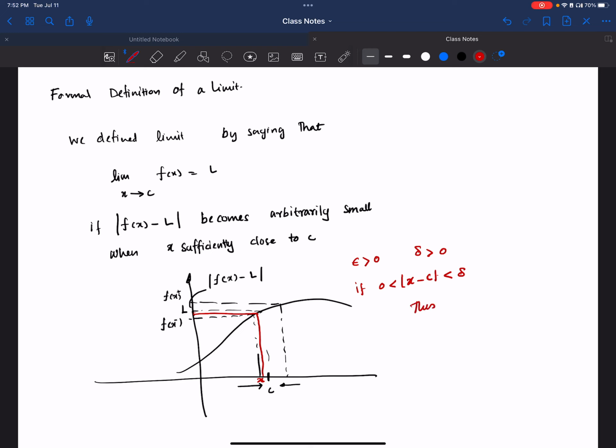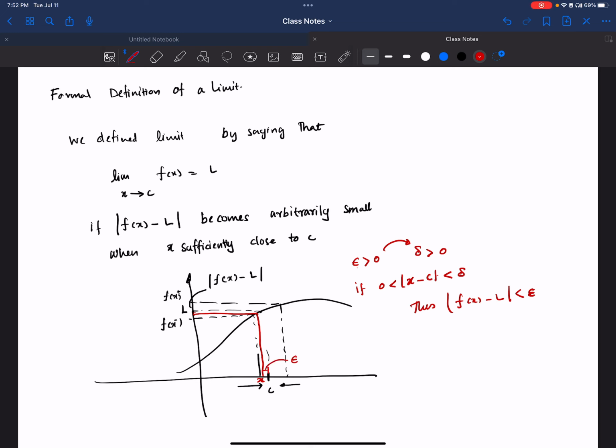Then if we can find epsilon that has a corresponding delta greater than 0, then we can say that the magnitude of f of x minus L is less than epsilon. So in layman's words, what does that mean?